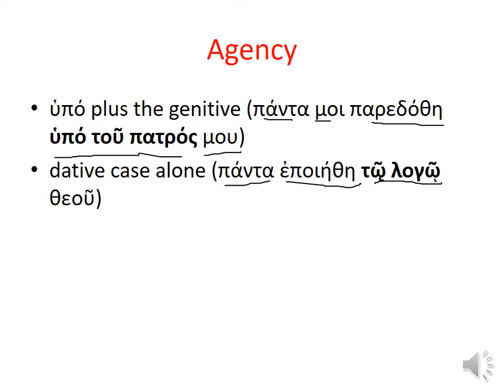As we move on, you'll see that there are several possible translations for the dative, and you'll have to choose based on the context which one is best. Here, because this is clearly from the context an agent, we're not going to say all things were made to the word, but all things were made by the word of God and the genitive. And the word here refers to the second person of the Christian Trinity, the Son, not the Bible.